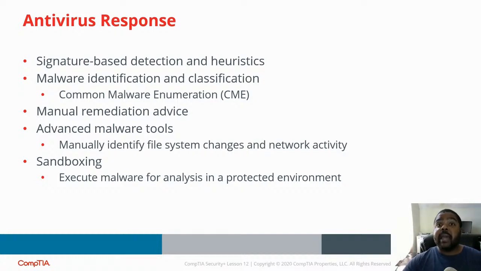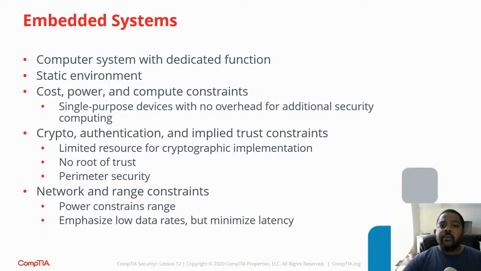And then if they match, they will flag it as a virus and quarantine it or delete it altogether. So this is what we mean by signature-based antivirus. Now, heuristic is getting a baseline of what's normal, and then anything that's abnormal, we will flag as being malicious. We need to also be aware of embedded systems.